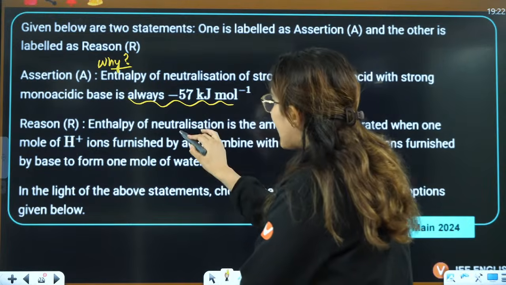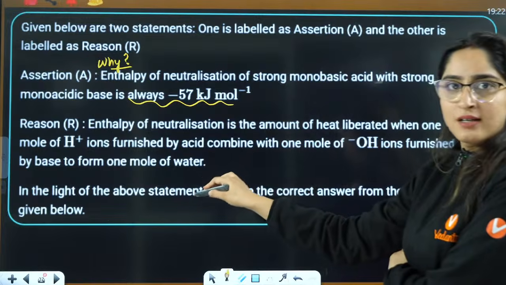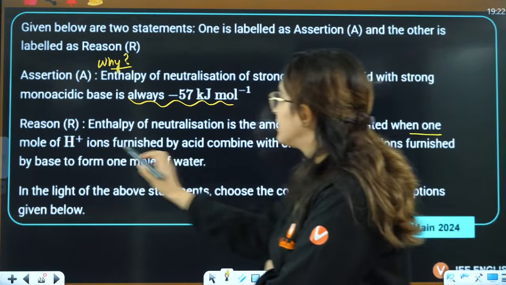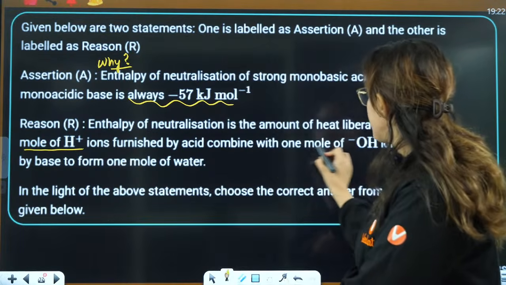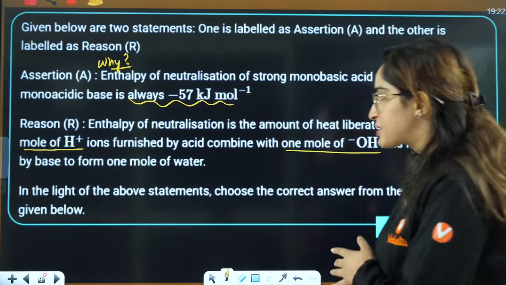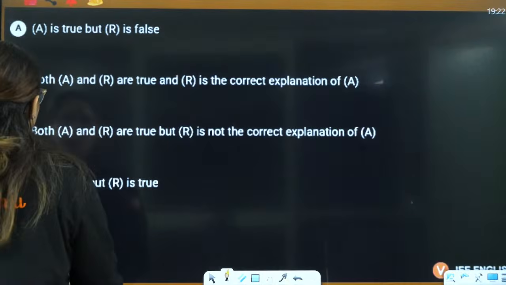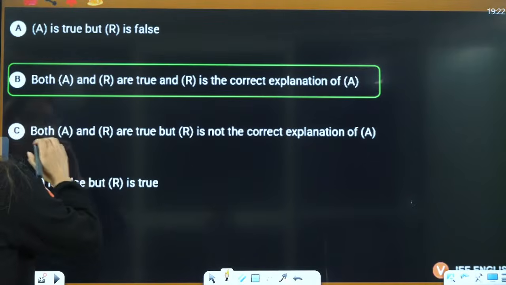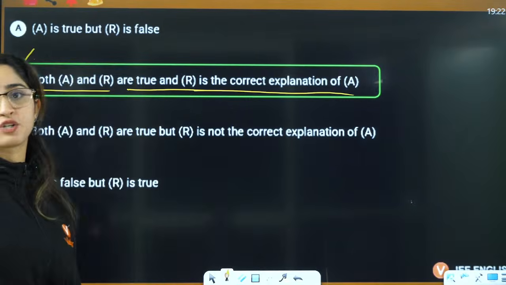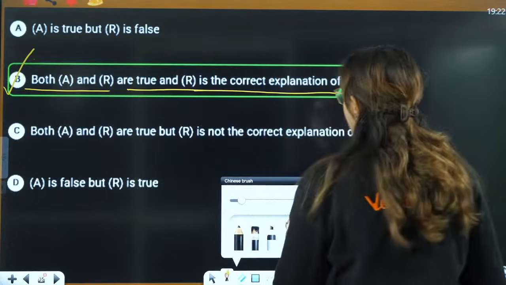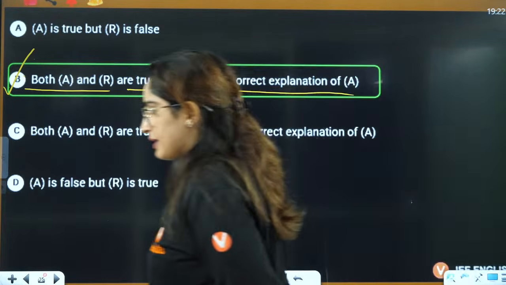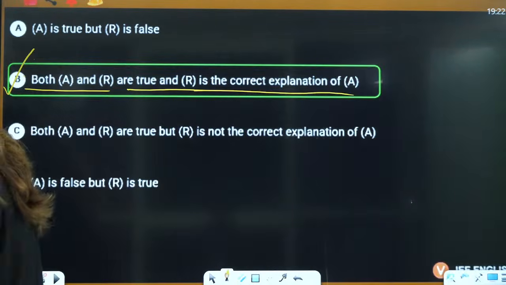Because enthalpy of neutralization is of 1 mole only. 1 mole of H positive and 1 mole of OH negative, that is not going to change, and that is why it is fixed. So we can say it is also explaining it. So the answer will be that both A and R are true, and R is the correct explanation of A. Tell me yes.